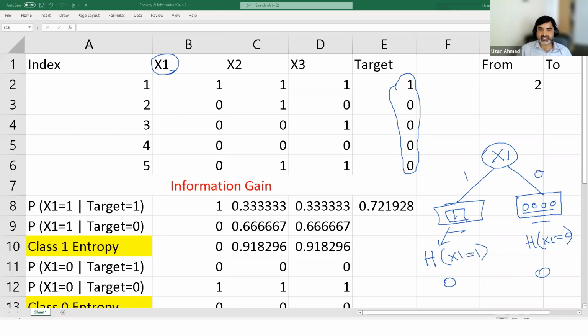We multiply this entropy with the weight. So the weight for this set is 1 over 5, plus the weight of this set is 1 over 5. This is the expected entropy, averaged entropy.